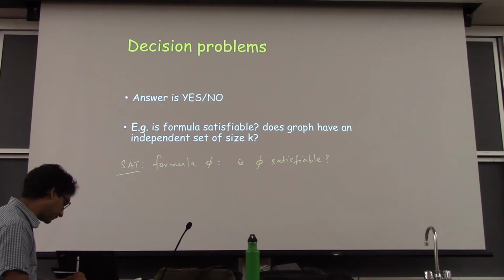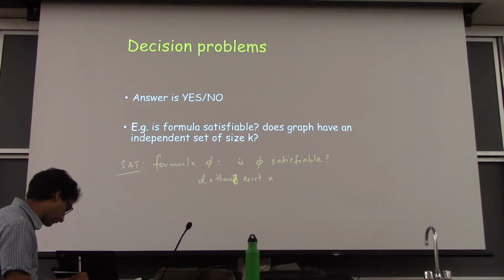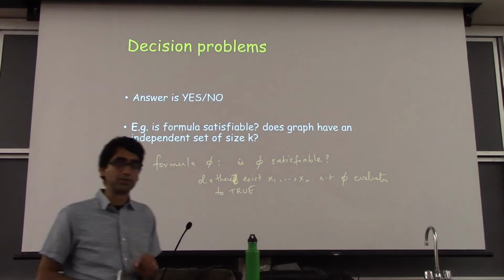By this we just mean, do there exist values of variables such that phi evaluates to true. So this is naturally a yes/no question, right?